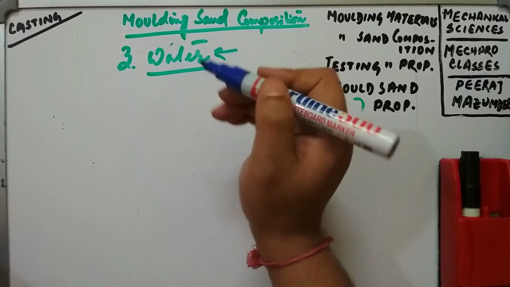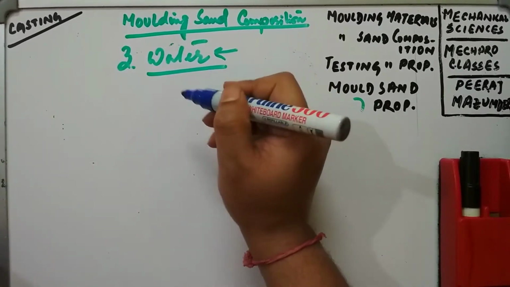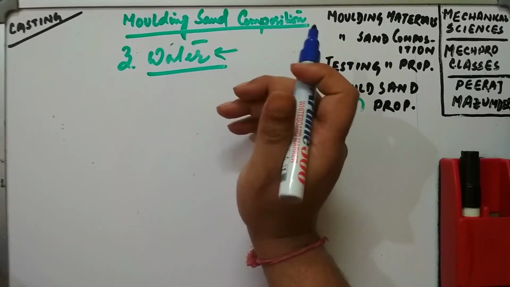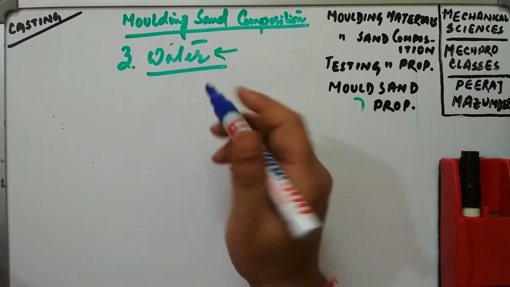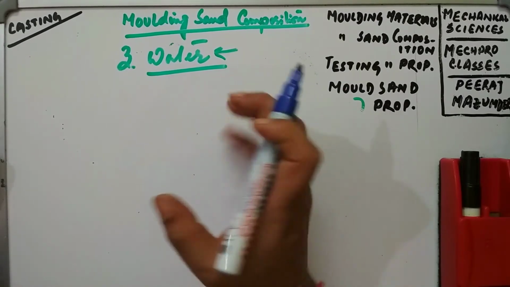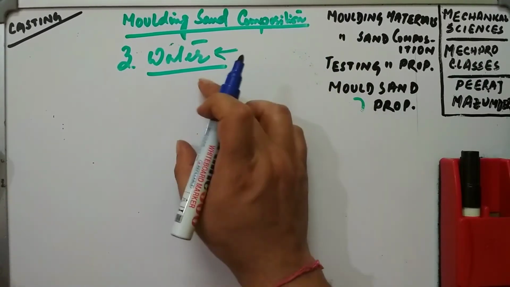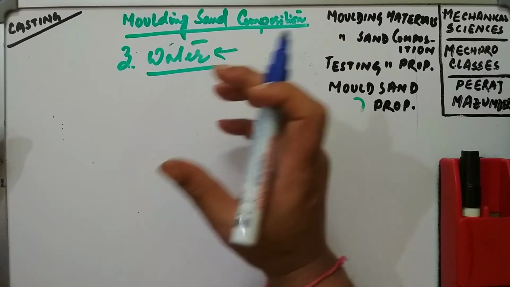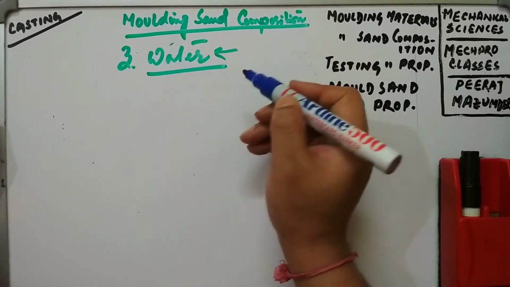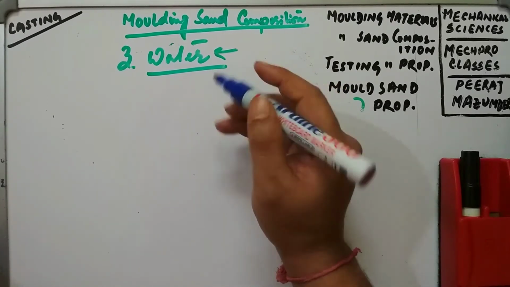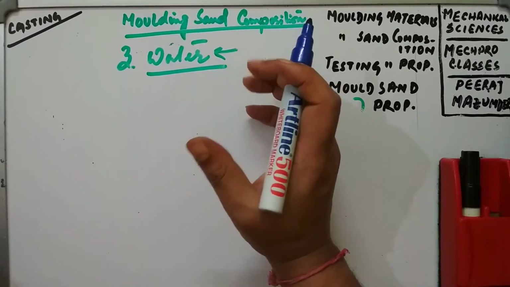Clay is activated by water so that it develops the necessary plasticity and strength. That's why we are using water. It will make a good mixture of sand and clay. Water will help to bind the clay and sand, so that's why we are using water to make a good mixture.